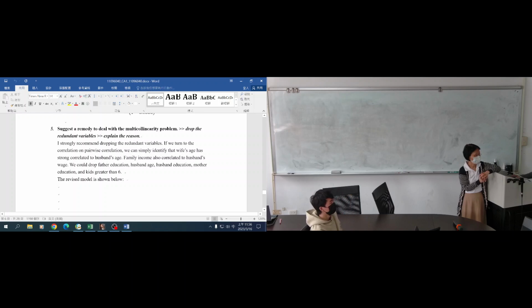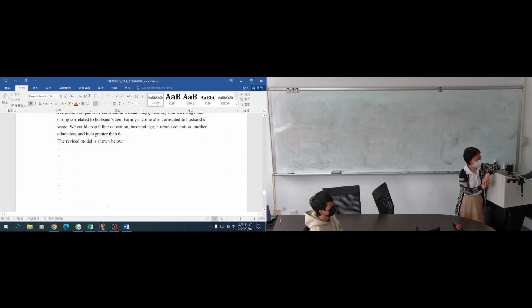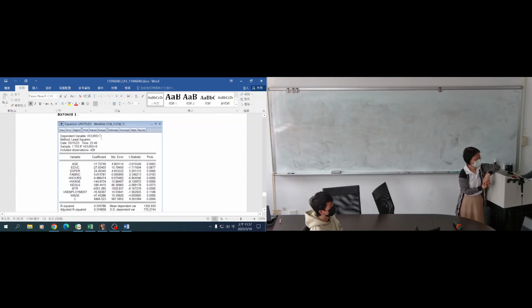Father education and mother education are strongly correlated with each other, and it might affect the other variables. Husband age also has an insignificant p-value, and husband education also showed an insignificant p-value at the beginning, so the revised model is shown.